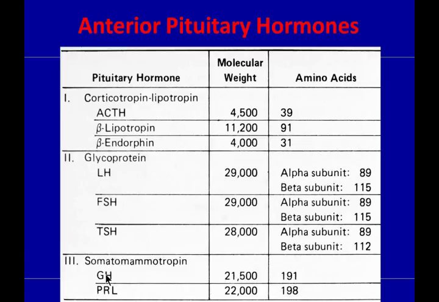Somatomammotropins are growth hormone and prolactin, and they are similar, as you see, in molecular weight and in amino acid composition, but have distinct functions. Even though prolactin cannot occupy the growth hormone receptor, growth hormone can occupy the prolactin receptor, which is usually not clinically significant, just kind of interesting biochemically.